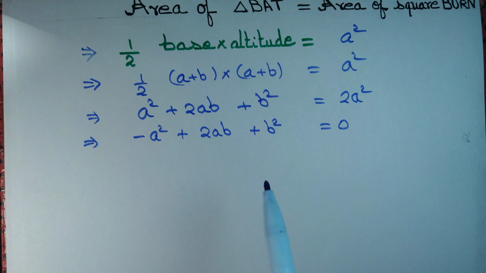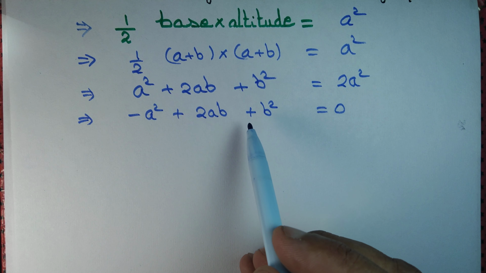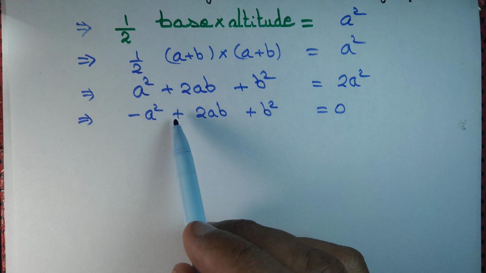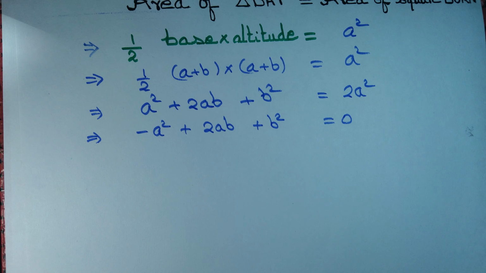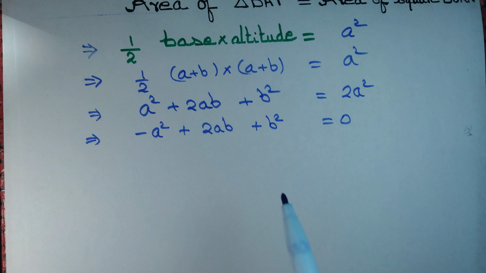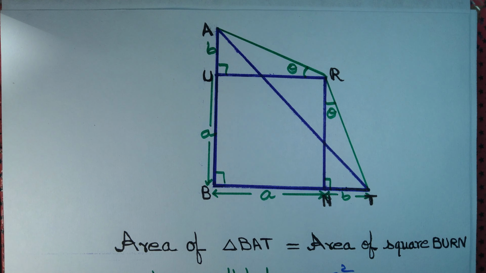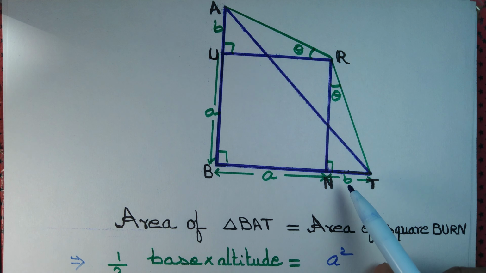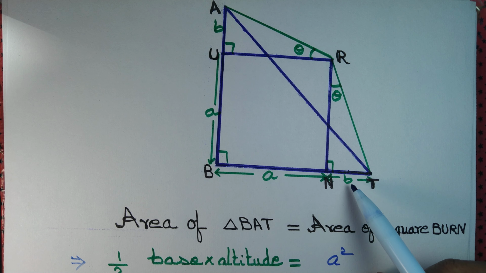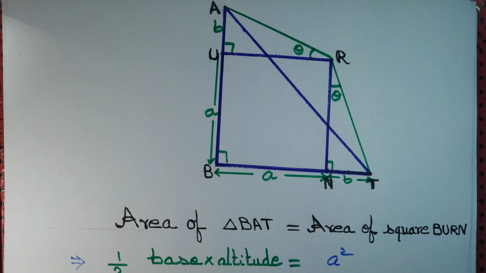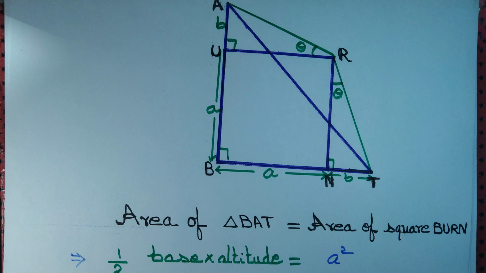Now you see that there are infinitely many choices of a and b that this equation satisfies. But we don't need to solve for a and b. We need to determine tan theta. Tan theta is perpendicular by base, so b by a.